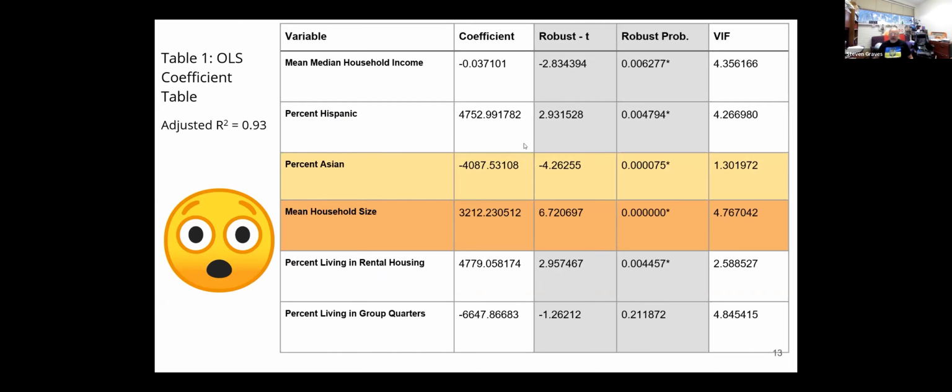So this is our model coefficient table, and I have the little sort of surprised face on it because it came out so robust. The very first pass we made at it was like at 0.88 R square, meaning that we were explaining 88% of the variation in COVID-19 rates across LA County using these variables.